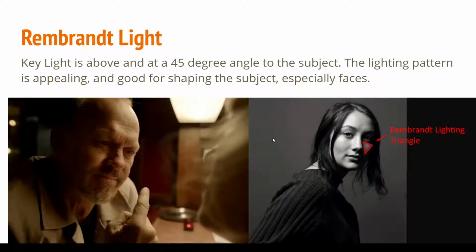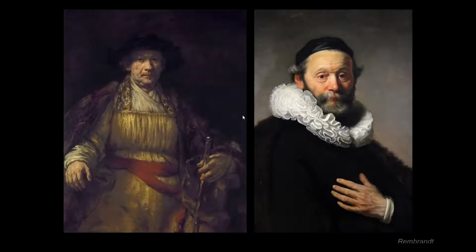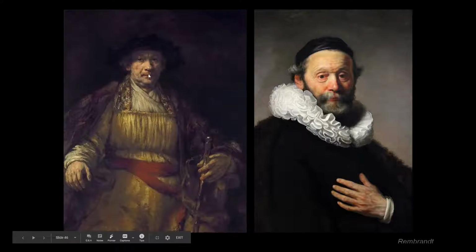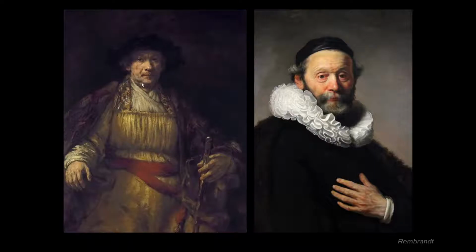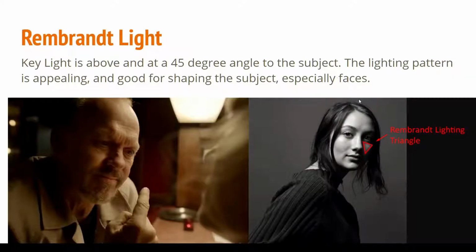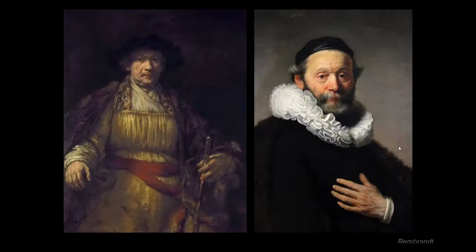And it's called the Rembrandt lighting because it was popularized by the Renaissance painter Rembrandt, who popularized this lighting structure where the primary lighting source that's shaping the subject is to the side and slightly above. And there's also this thing called the Rembrandt triangle. That's the triangle of light on the shadow side that's created at that angle from the nose and the cheek.